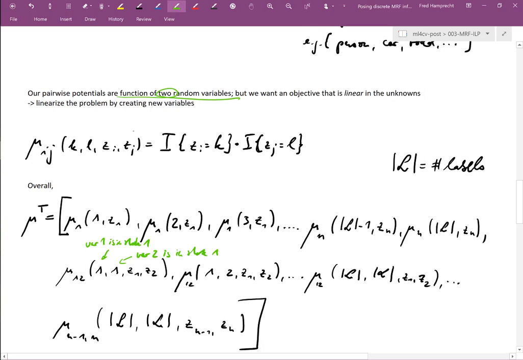We can define a new variable, in this case called mu ij, and mu ij here is a binary variable which depends on the two labels k and l that the random variables zi and zj can take. And it is a so-called one-hot indicator vector.